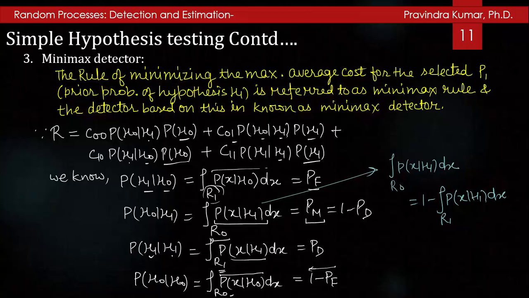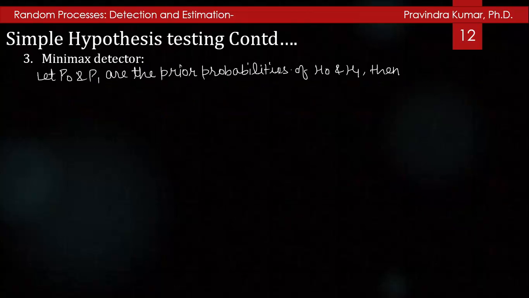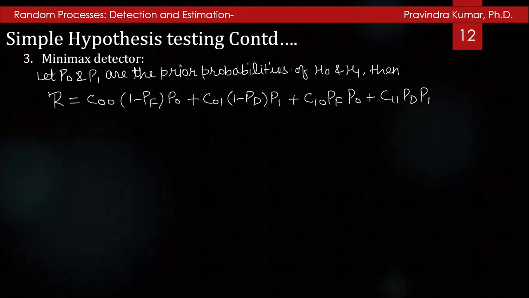So now let P0 and P1 be the prior probabilities of the hypotheses H0 and H1 respectively. Then the Bayes risk can be given as C00 (1 minus probability of false alarm) P0 plus C01 (1 minus probability of detection) P1 plus C10 PF P0 plus C11 probability of detection P1.